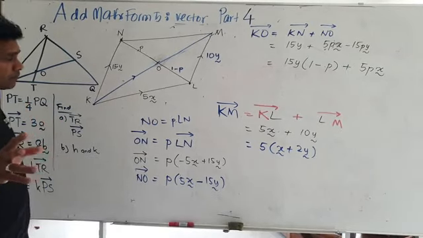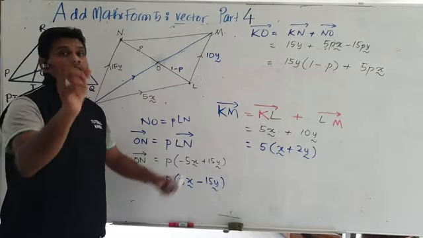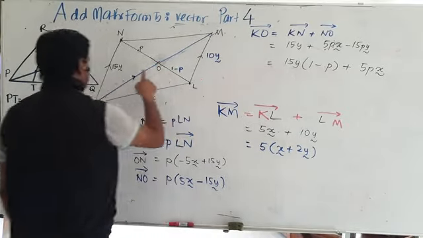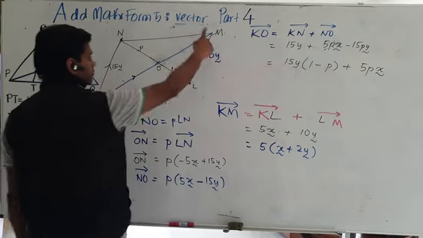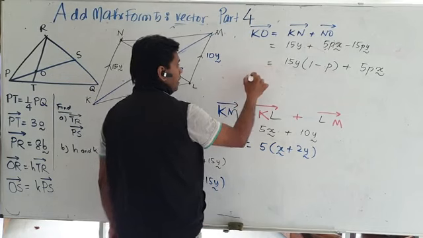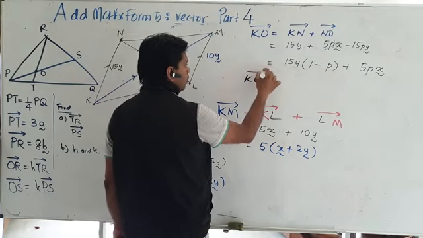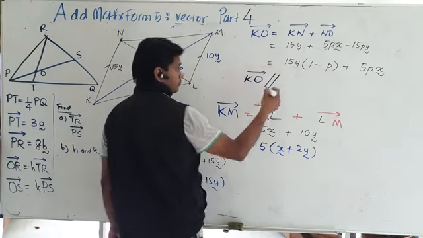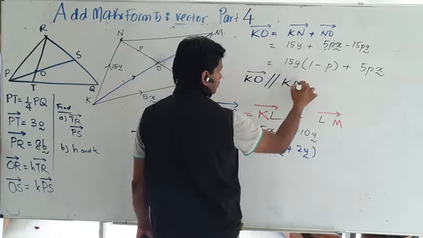Collinear means the basic vector is the same. Here I've got KO and I've got KM. In other words, KO can be written like this, collinear with KM.